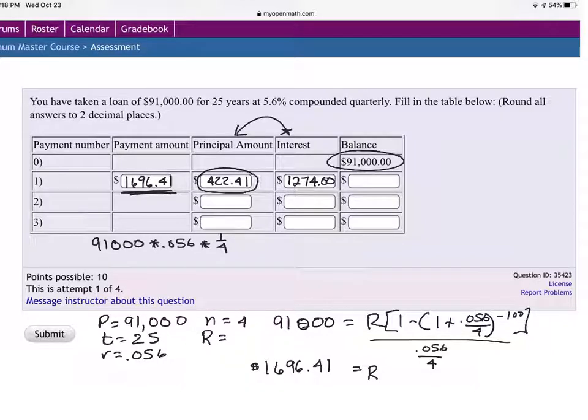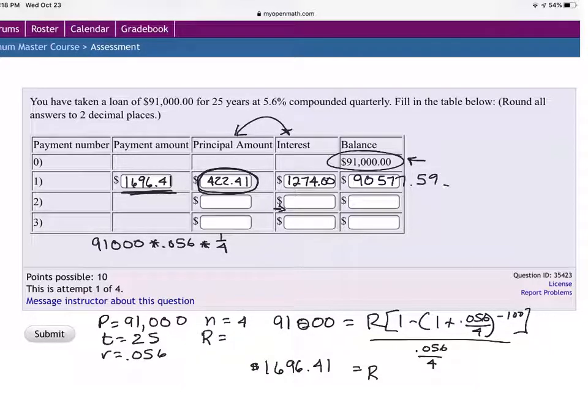This right here is how much we are removing from the balance, we are paying on that principal. Okay? So now I will take that 91,000 and subtract from that what I just got. And so my balance is down to $90,577.59.